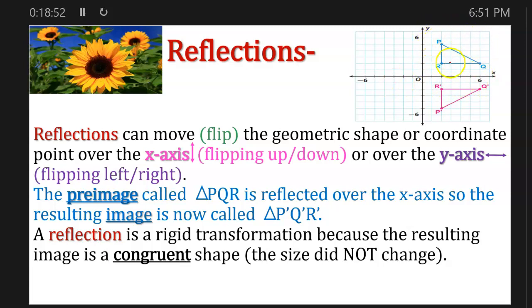It started here, reflected, and notice the P now is on the bottom, the R is on the top, unlike the one on the top, so it looks like it did flip over there. A reflection is a rigid transformation because the resulting image is a congruent shape. The size did not change.